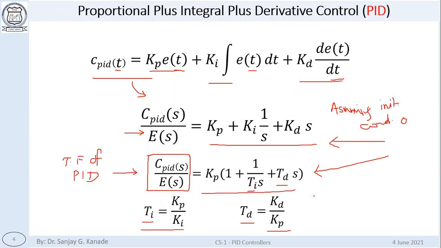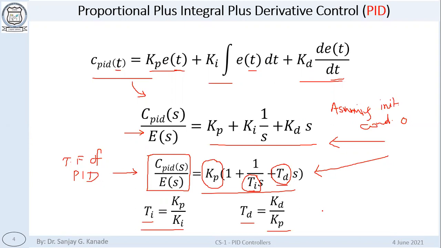So what does designing mean? By designing, we must find out the values of these parameters, right? Because once we get the values of these parameters, only then can we say that the transfer function is ready and that we have designed the system. Otherwise, how can we say that the system is designed, right? This is how we design our system: find out KP, KI, KD, or KP, TI, TD.